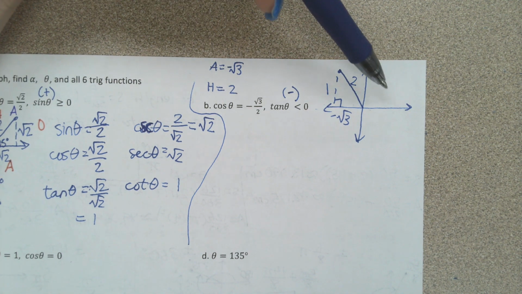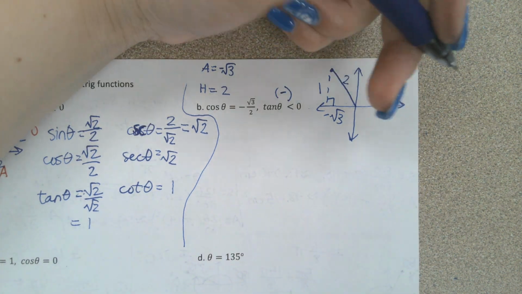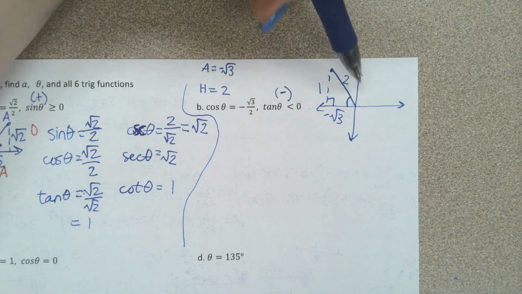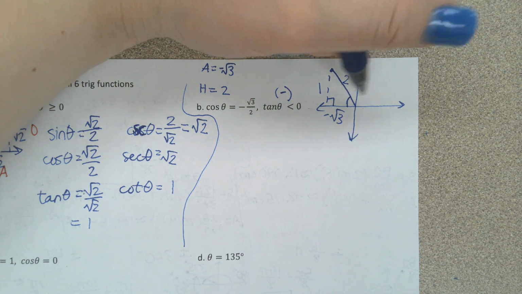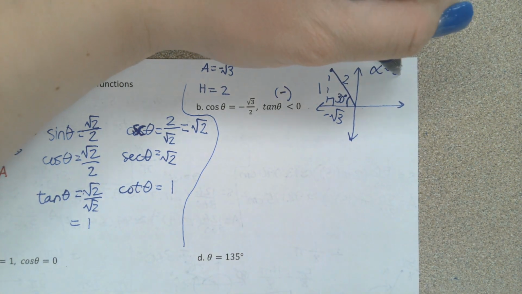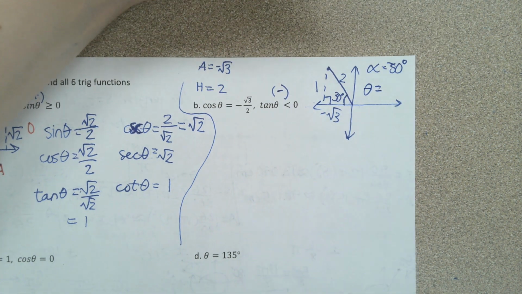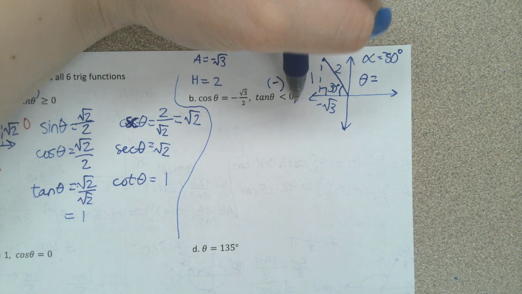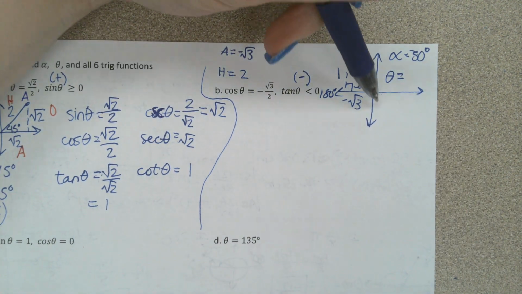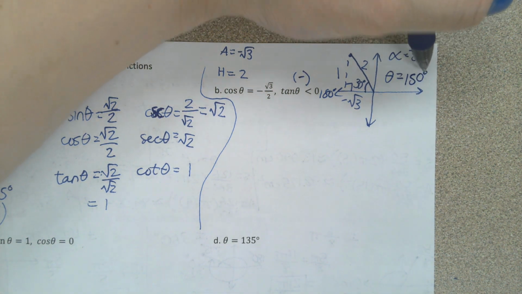So, now we have the information for our triangle. We can find theta and alpha. Since this is 30, 60, 90, and we're across from 1, that means this angle is 30. So that means alpha is 30 degrees. And then theta, if this here is 180, and we have a 30-degree angle between the line I drew and the 180, that means this is 150 for theta.